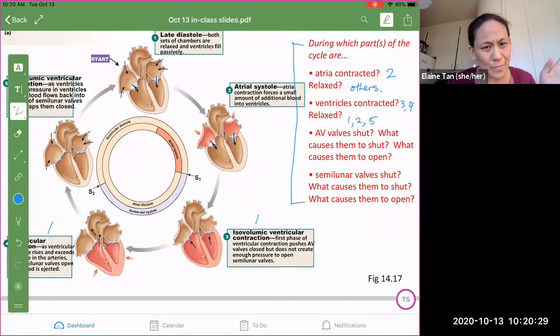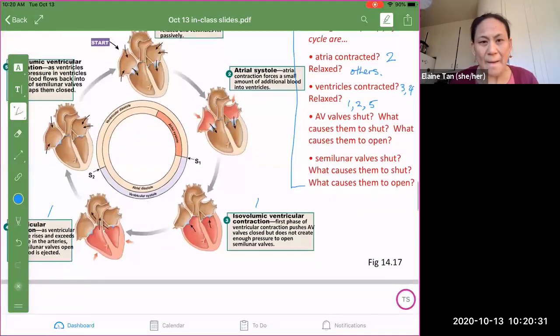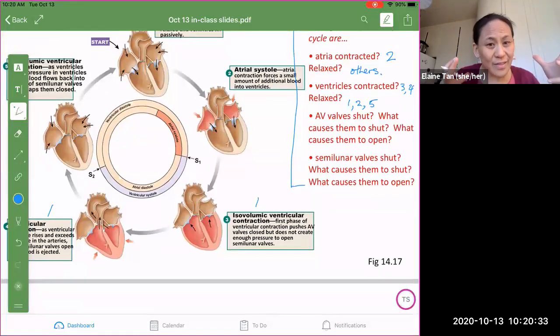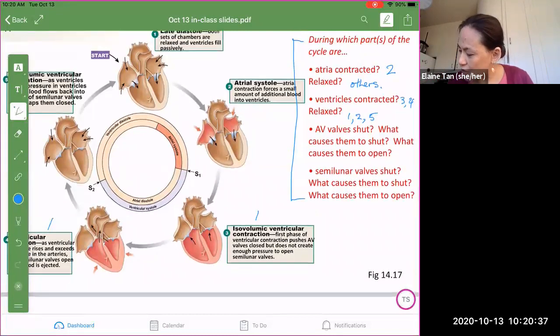Okay, I think those are pretty straightforward for people. The valves are, I think, a little trickier to understand. So the AV valves are shut during basically 3, 4, 5. Okay. What causes them to shut and to open?